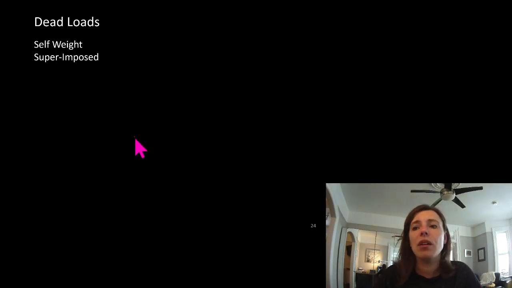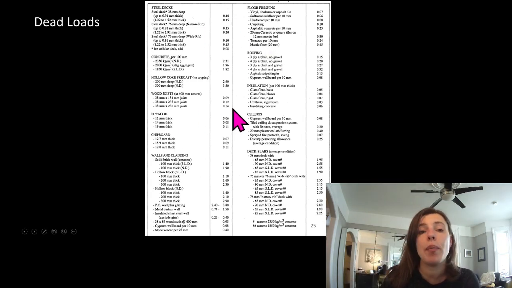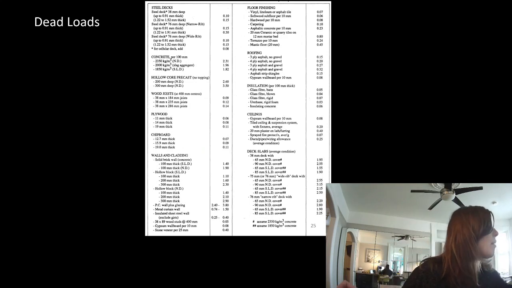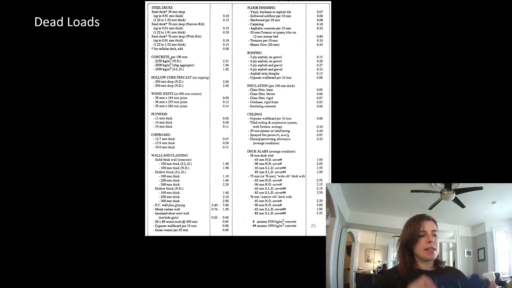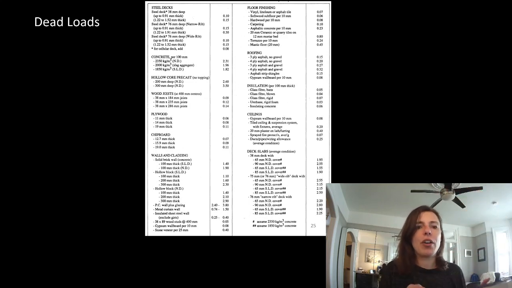So let's take a look at what some of these might be. So here we have a dead load table that I have supplied for you guys again on Quercus. So you can access all of these. Each of the different material codes, so right here I've got my steel code, and I've got my wood code, and I've got my concrete code, my masonry codes back over there.